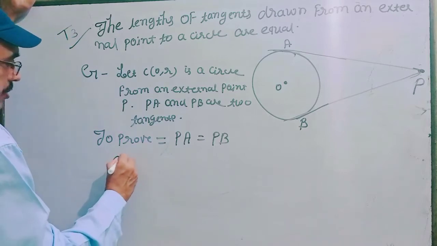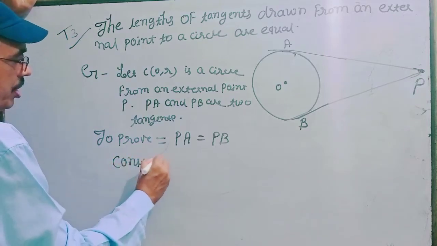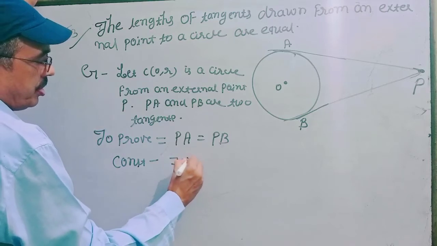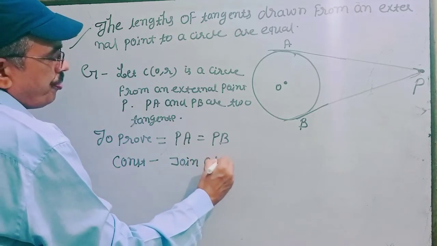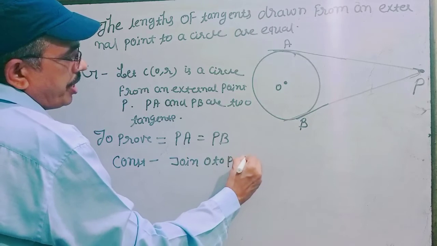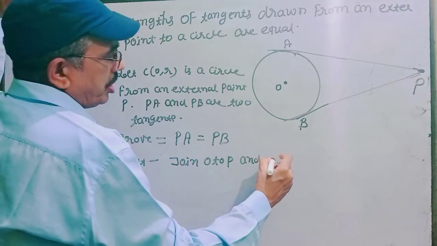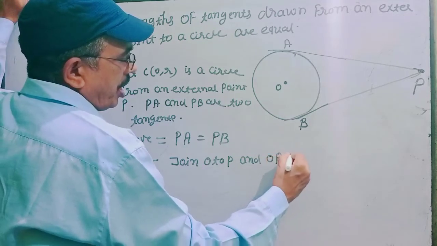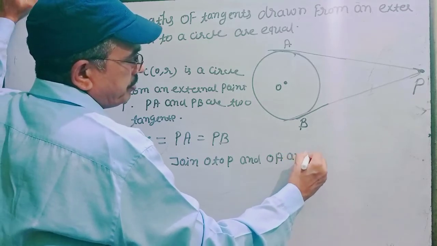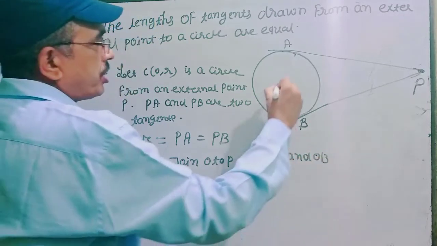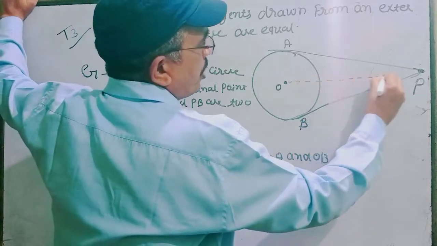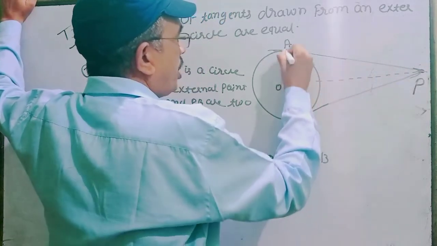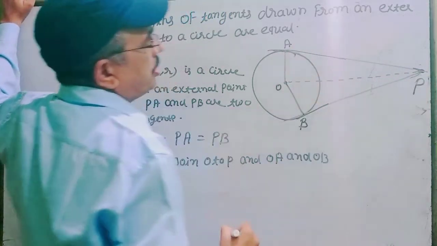Now construction. Join O to P, and OA and OB. So dear students, first we join O to P, OA and OB.